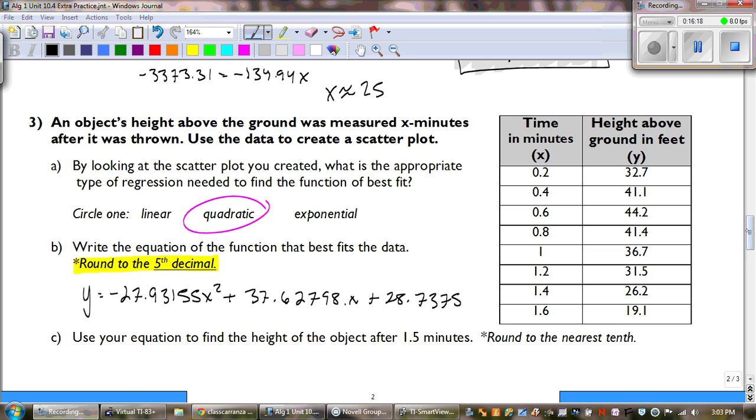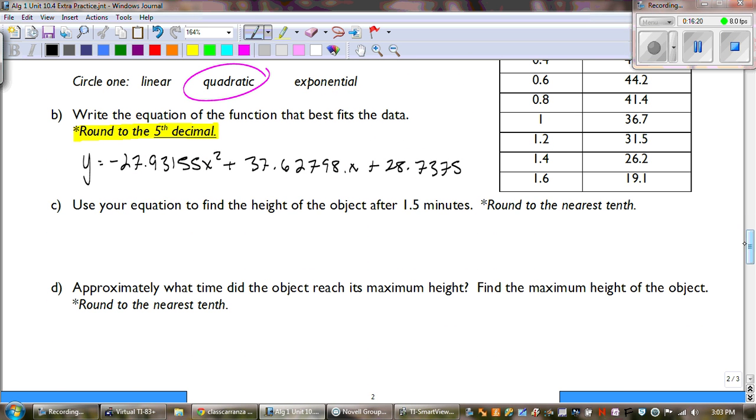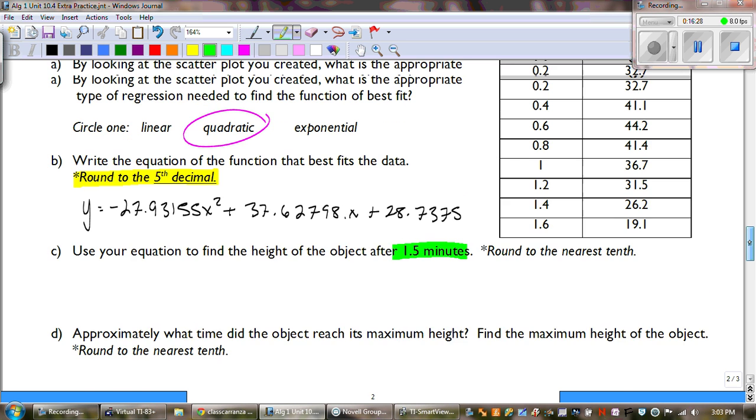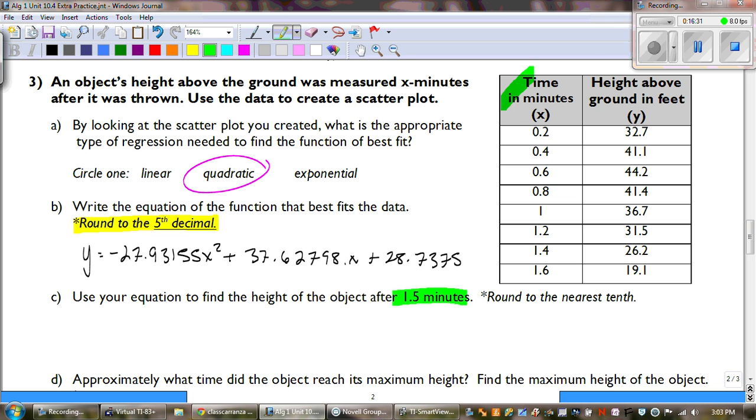Okay. So now that we have that equation, it says use your equation to find the height of the object after 1.5 minutes. Well, is that x or is that y? We have to look it up. Okay, so this is our x value.